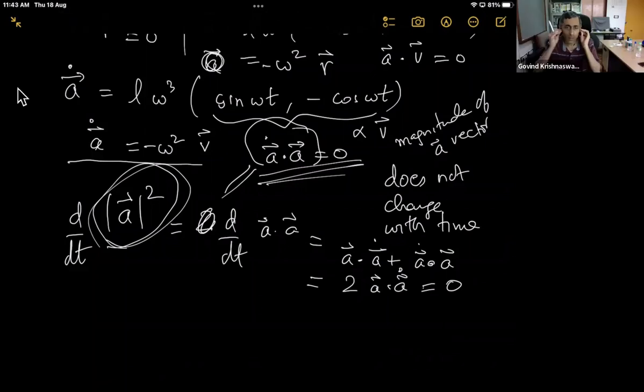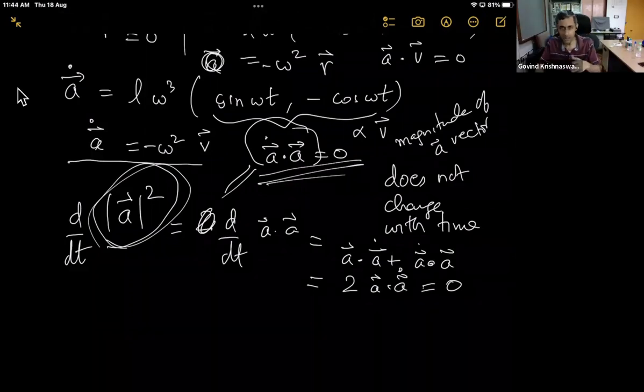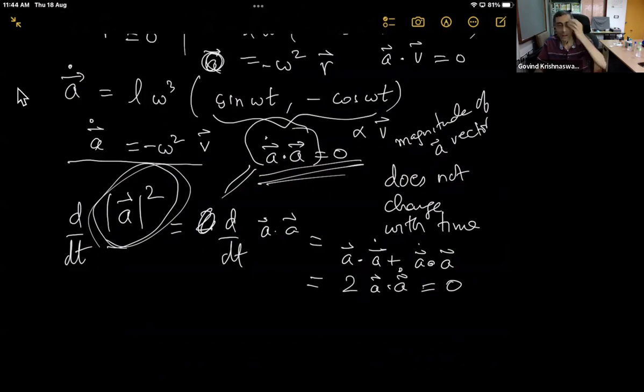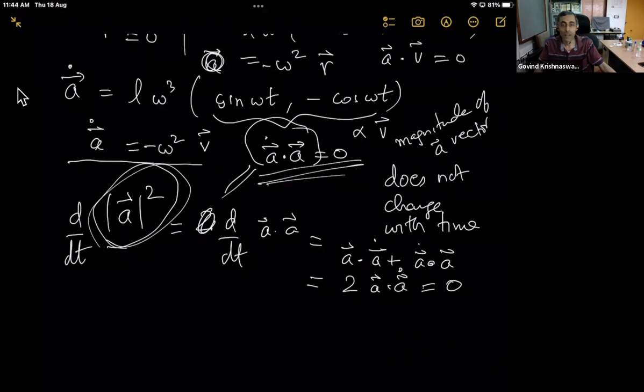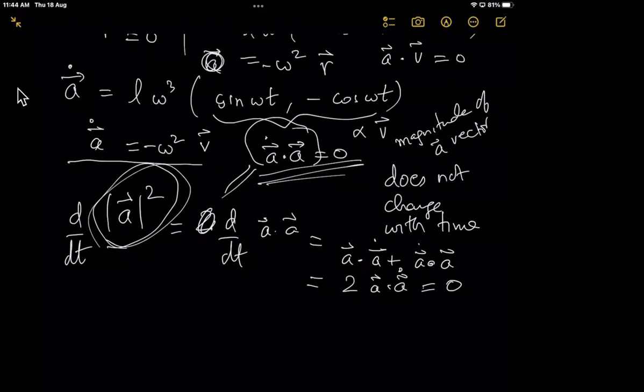So mathematically, it is basically true. After all, the rate of change of A will tell you how A changes, and to that extent it's all right. But I hesitate to say that as a physical statement, because the cause of these things is neither A nor V nor X nor A dot. The cause of all these things comes from some force somewhere else, which we have not yet discussed.